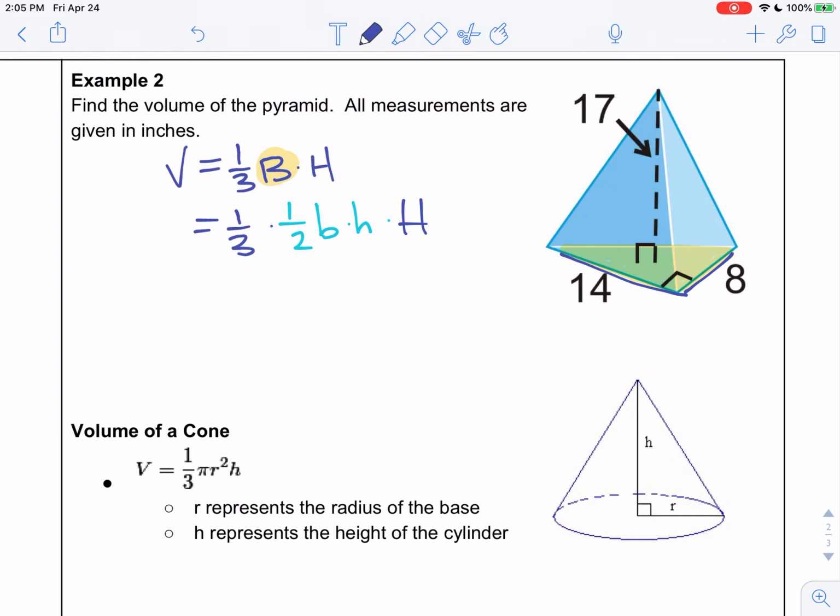Please make sure, especially at the beginning, that you are writing down 1/3 big B times big H, because oftentimes people forget one or both of the fractions, or will forget a little height and a big height. Okay. If we plug in, we can think of b as 8 and 14 as h. If you flip-flop them, that's okay.